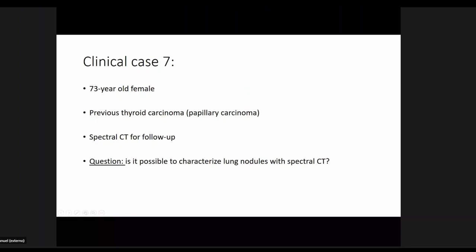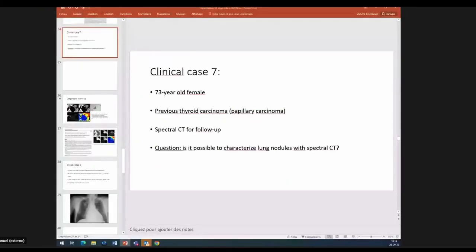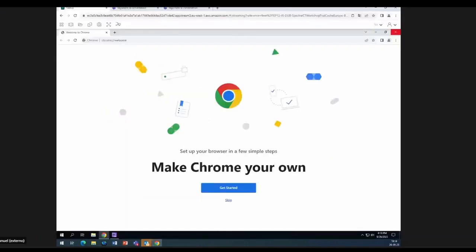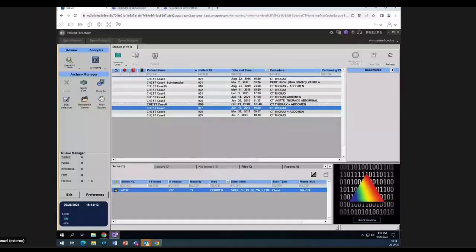I ask you to inspect the lungs, see if there are some lung nodules, and try to characterize them with the iodine density, for example. So I select RADUP. This one, case number 7. You go to Spectral CT Viewer.